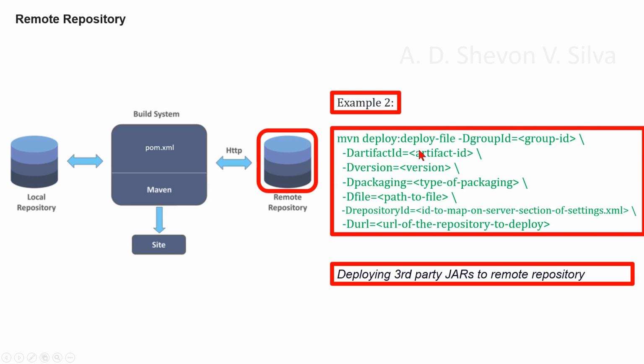First, the wagon provider, for example wagon-ftp, wagon file, etc., must be placed in your ${maven.home}/lib. Then execute this command here.